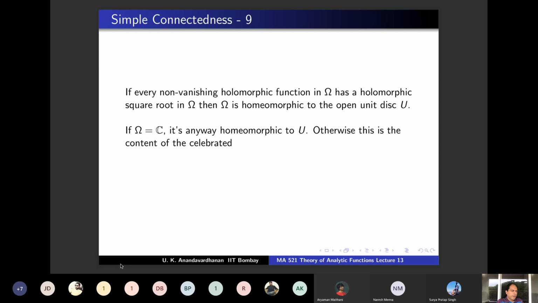I quickly mentioned this in the very first lecture. Does anyone remember the name of this theorem? It's a very, very famous theorem. I had verbally mentioned this once.